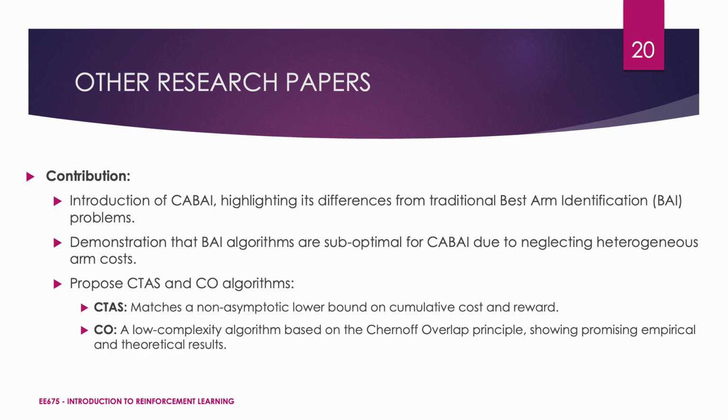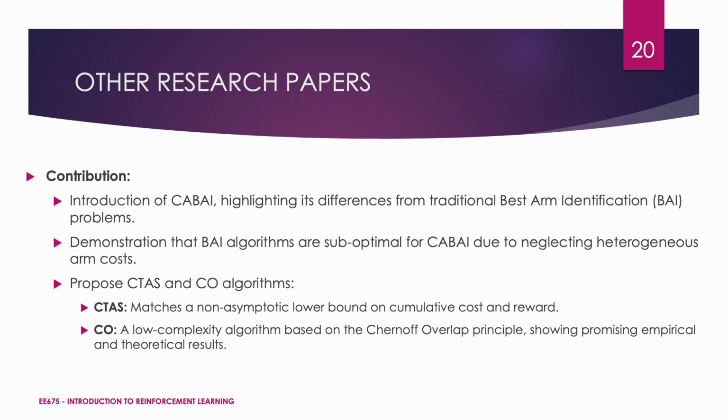The following novel contributions are made in this research paper. Firstly, this introduces the CABAI problem, which emphasizes its differences from traditional best arm identification problems. CABAI integrates heterogeneous arm costs into the decision making process, which is crucial for real world applications where costs play a significant role.